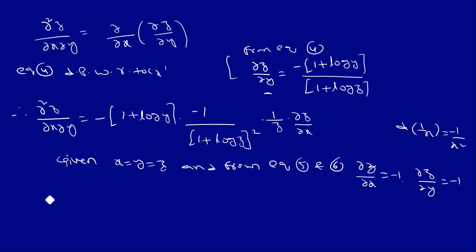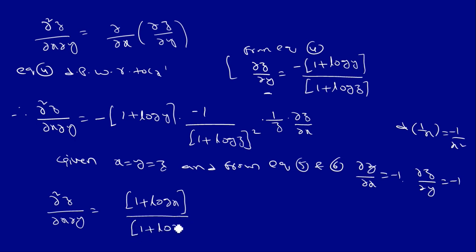I am going to substitute here in dou square z by dou x dou y. So that equals, minus into minus is plus, 1 plus, in the place of y I am going to substitute x, and by 1 plus log z, in this also I am going to substitute x, whole square. The next one here, 1 by z.